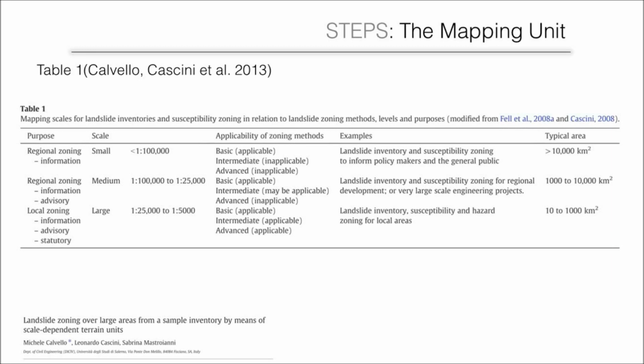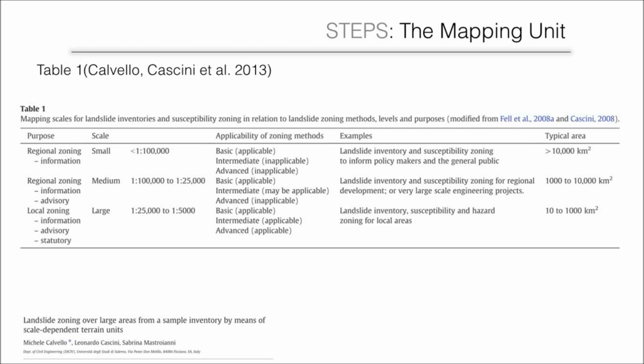So 1 to 100,000 to 1 to 25,000. This kind of analysis will be basic, applicable, and can be used for susceptibility mapping. The study area will be within 1,000 to 10,000 square kilometers.